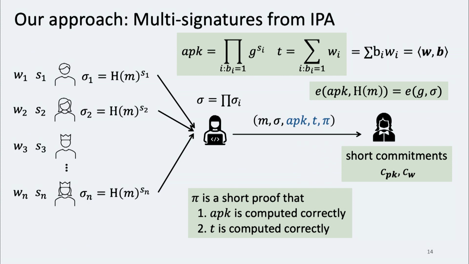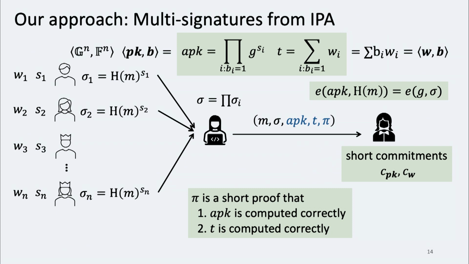And on the left, this aggregated public key doesn't quite look like an inner product yet, but notice that each public key, G to the Si, is a group element. So this product of G to the Si is actually how an inner product should be defined between a vector of group elements and a vector of field elements, or integers. So both of these statements that the aggregator wants to prove are actually inner product statements.